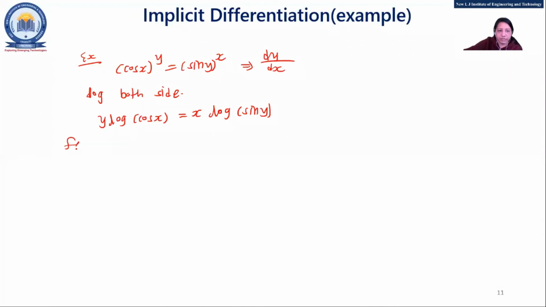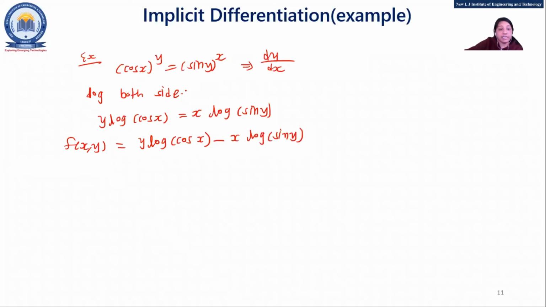So my f(x,y) would be y log cos x minus x log sin y.